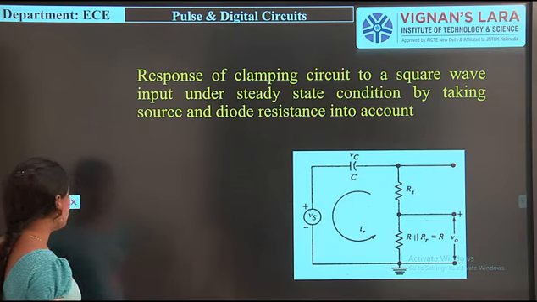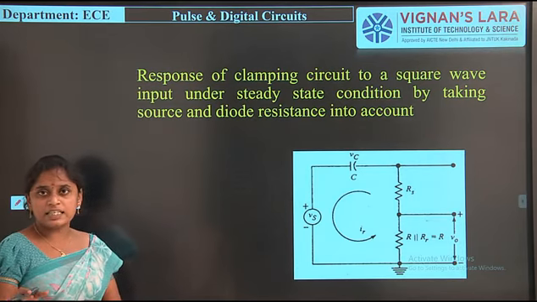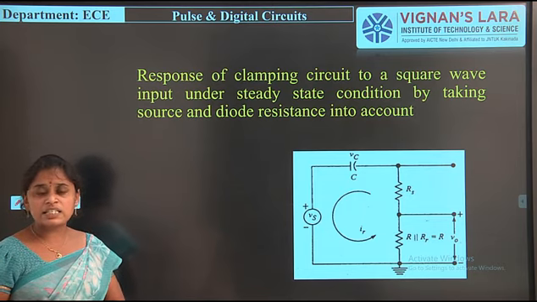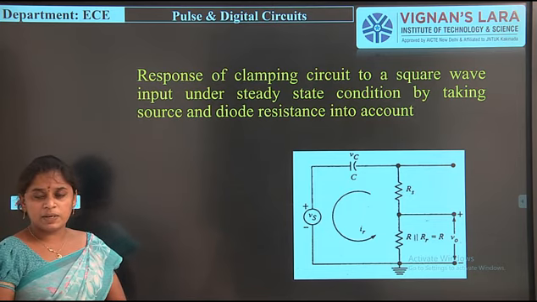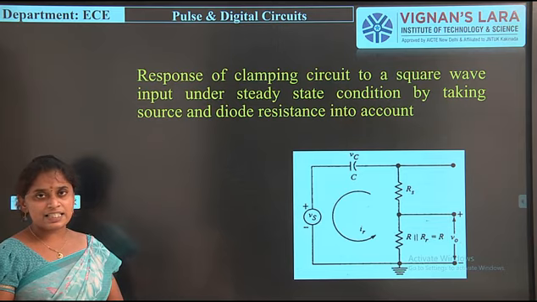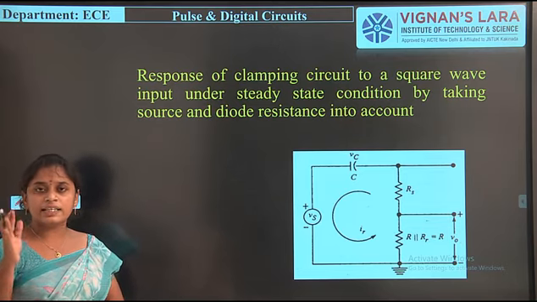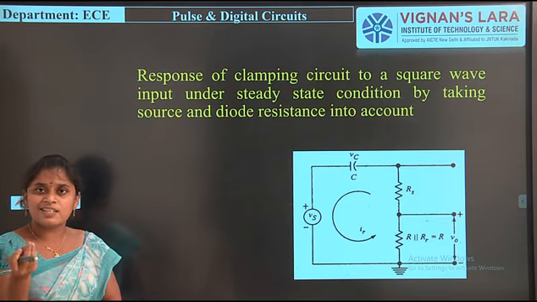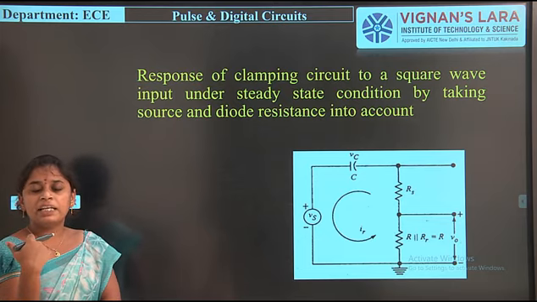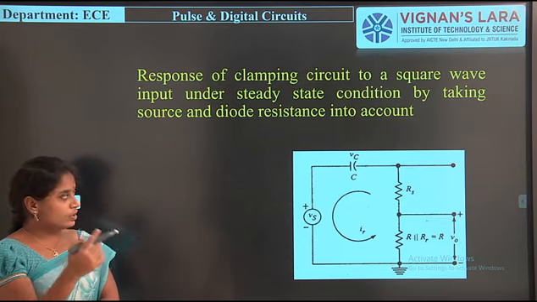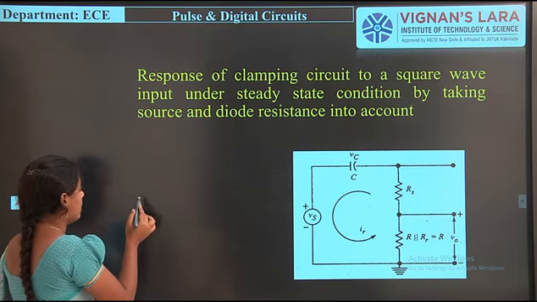When the diode becomes off, a resistance is presented here. This resistance is known as the reverse resistance. When the diode is in off condition, the resistance of the diode will be large, in terms of mega ohms. So the circuit diagram will be like this.